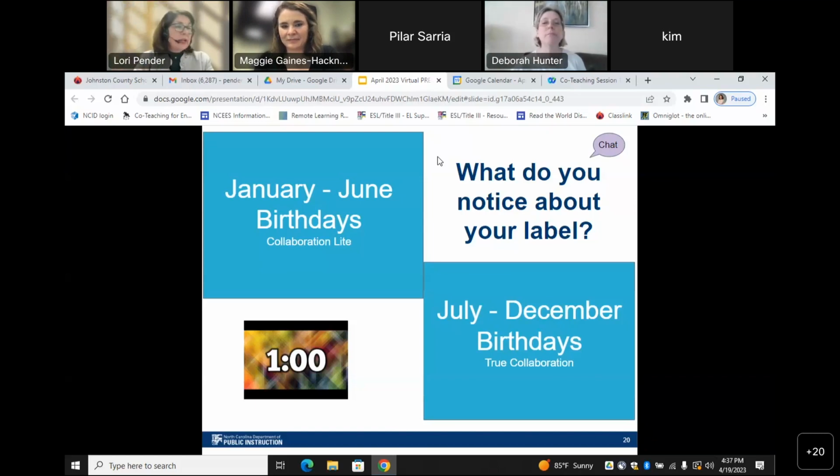Now, if you'll look at the screen quickly, we have you broken up into 2 groups. If your birthday is between January and June, then you are going to study that collaboration light label at the top. If your birthday is July to December, you are going to study that true collaboration label at the bottom there.